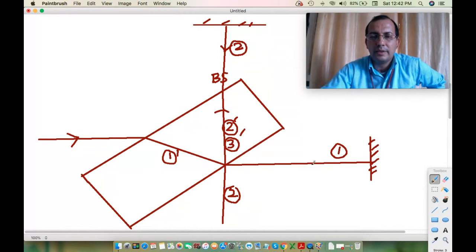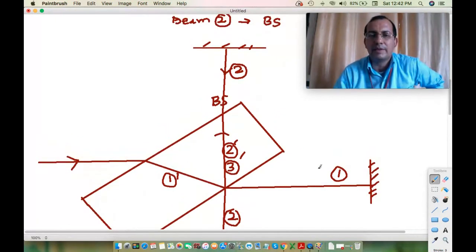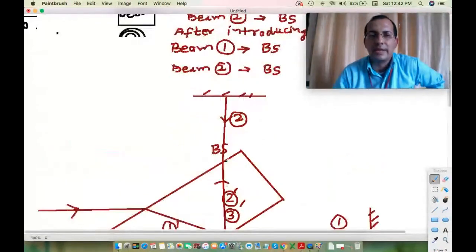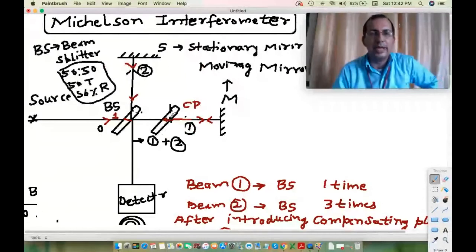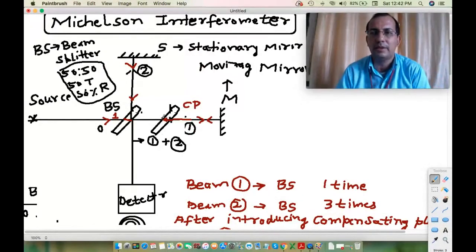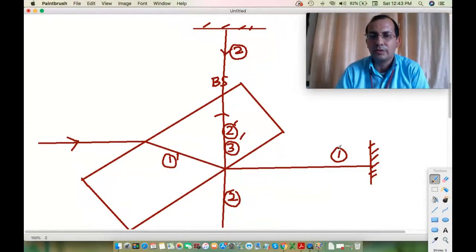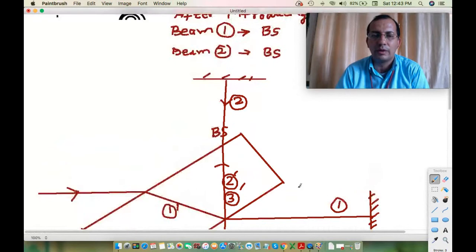Ray number 1 crosses one time, and if you put another beam splitter over there, it will pass through the beam splitter three times. When you put this compensating plate into this setup, this ray of light, which was crossing only one time, will go a second time through it if I include another beam splitter.